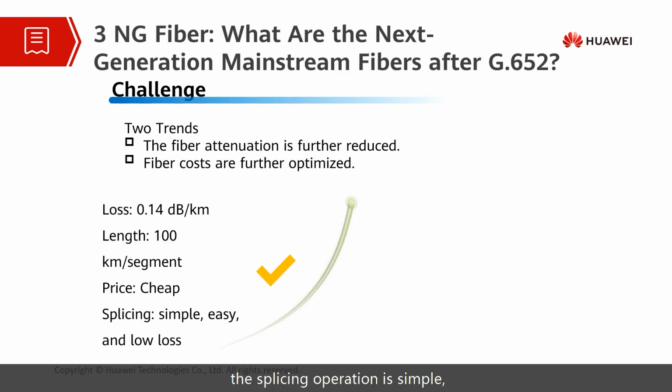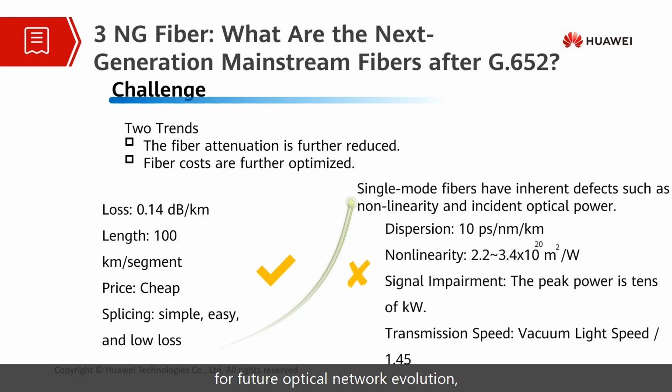In addition, the splicing operation is simple and the loss is also low. However, we should also know that for future optical network evolution, these existing fibers still have many disadvantages, such as large dispersion, strong nonlinear effect, and poor transmission speed.